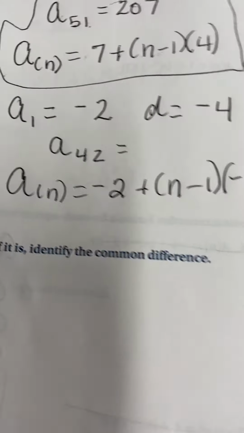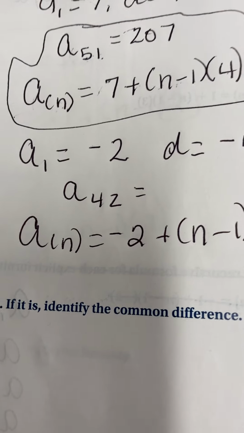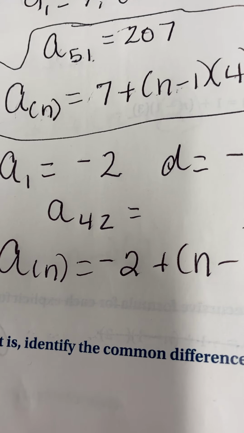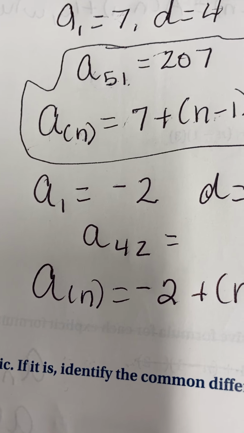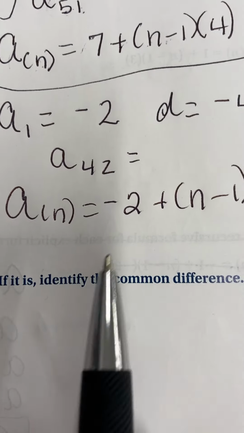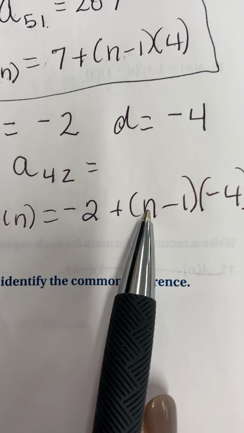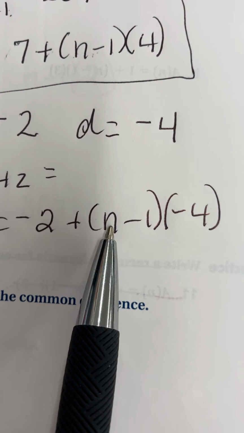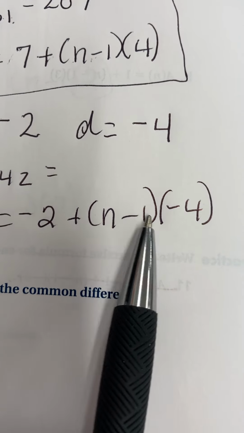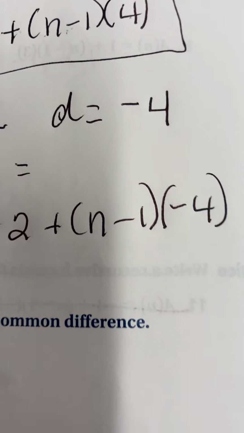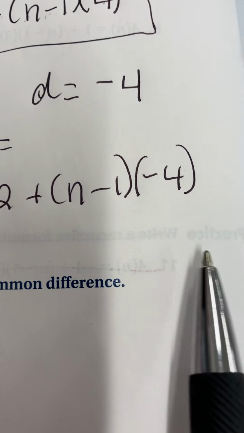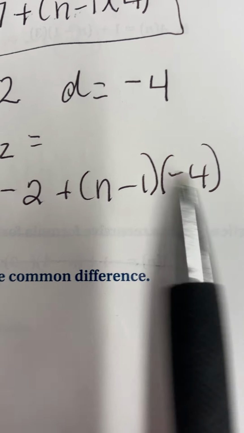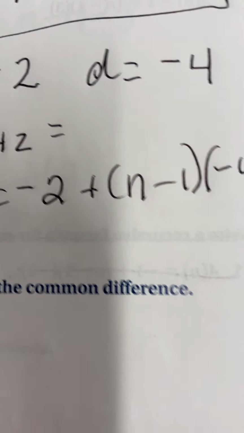To find your 42nd term, what you're going to do is stick 42 in place of the n. So you're going to stick 42 here, which means I stick 42 here. So to do my math, 42 minus 1 is 41. So take 41 times the common difference, which is negative 4.